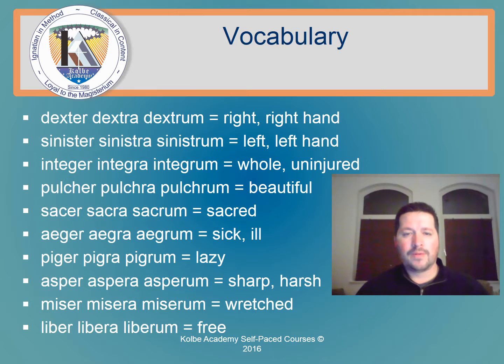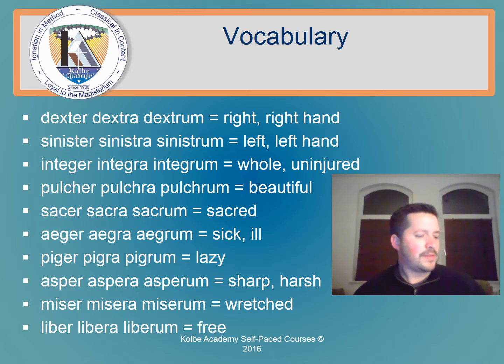Now, if you continue with Form Latin and you end up eventually reading Julius Caesar's Gallic War, which is basically the subject matter of book 2 in the Henle series, which this Form Latin sort of feeds into, this is an important word: integer, integra, integrum, whole or uninjured.